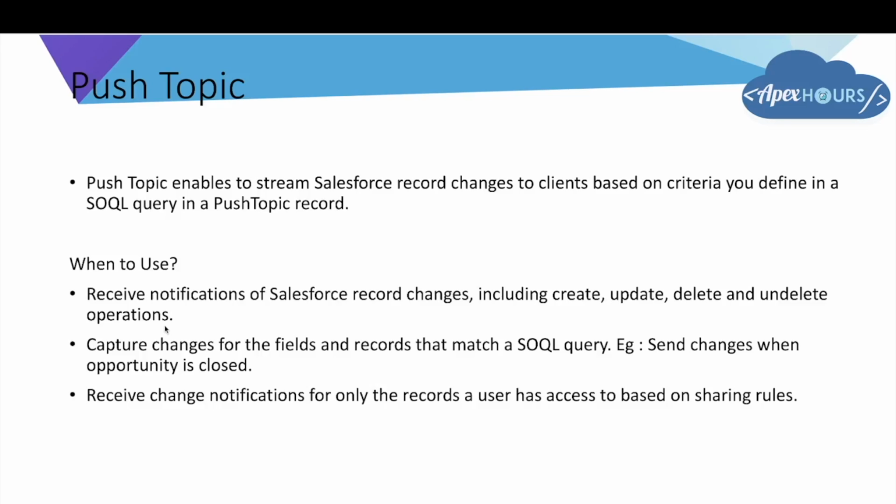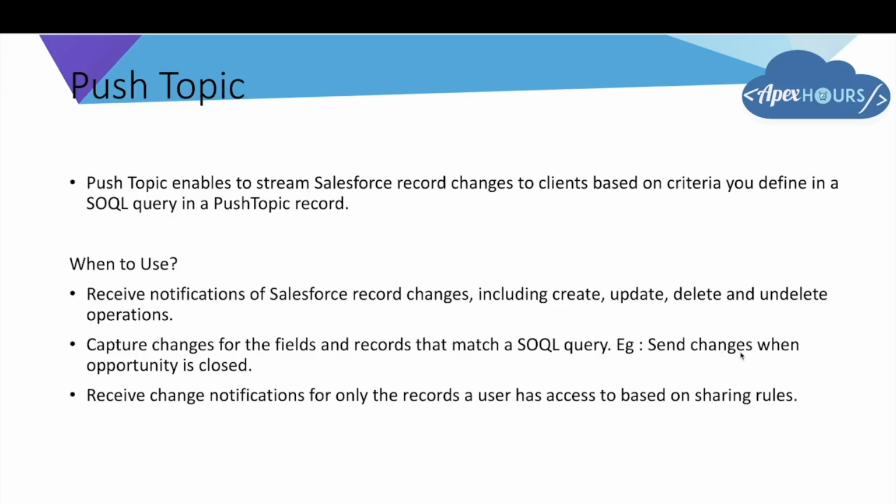When do we use PushTopic? When we want to receive notification of a Salesforce record change, for example, an opportunity record is created or an opportunity is closed. In that case, we want to send an event to a third-party application, then PushTopic can be used. It can be used for create, update, delete, and undelete operations. Now, second is when we want to capture changes for certain fields and only when certain criteria are matched.